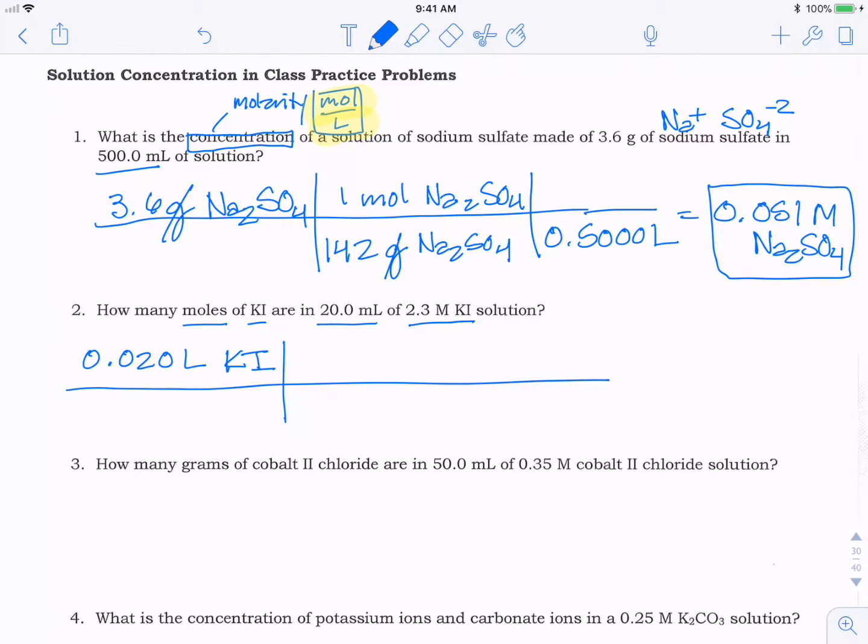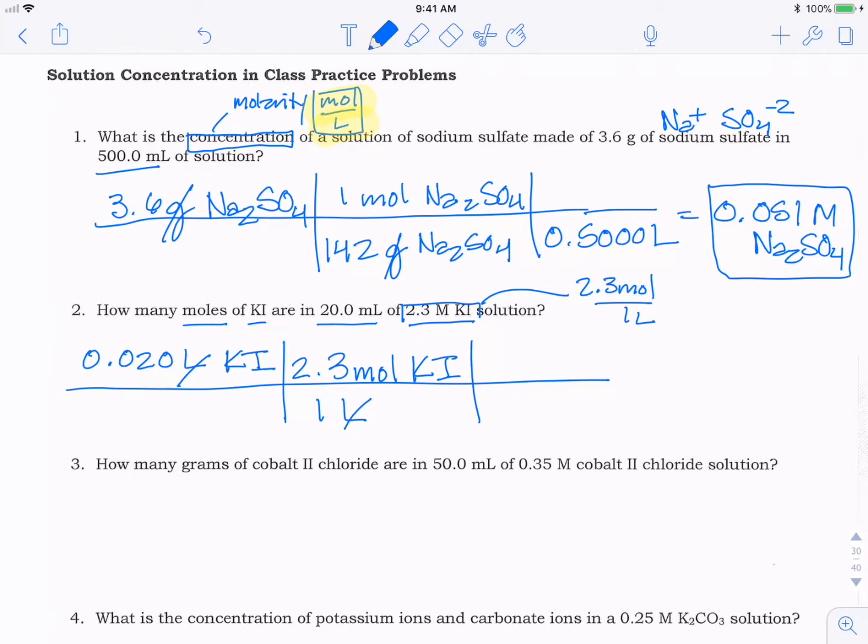You're not used to doing this yet, but this means 2.3 moles per every 1 liter. So that's a conversion factor that I'm going to use. So there's 1 liter. There's 2.3 moles of KI. And we want to know how many moles there are. Oh, so we're done because we're ending in moles.